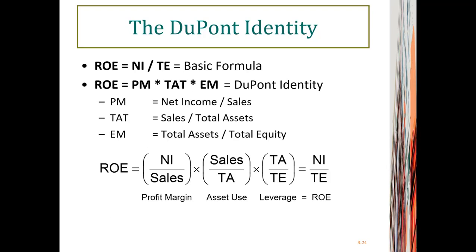So here is the most important strategy that each and every company utilizes in order to improve its profitability for shareholders, to make the company attractive to shareholders. And the key here is to use leverage.